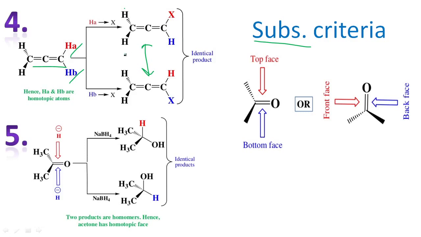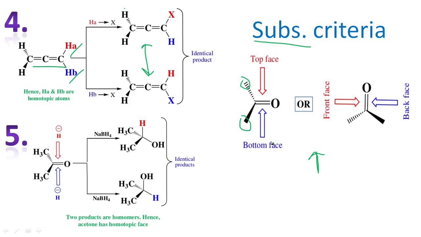Now as you can see, this is acetone in example number 5. Okay, so there are two groups present, above the plane and below the plane, and we have a carbonyl group. So when there is an attack from the top face, we get a product, and when there is an attack from the bottom face, there is another product.